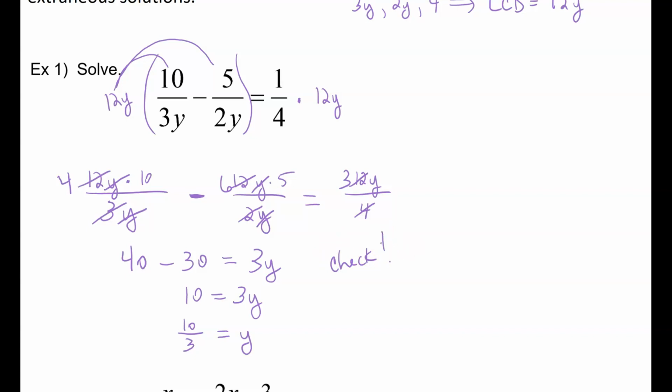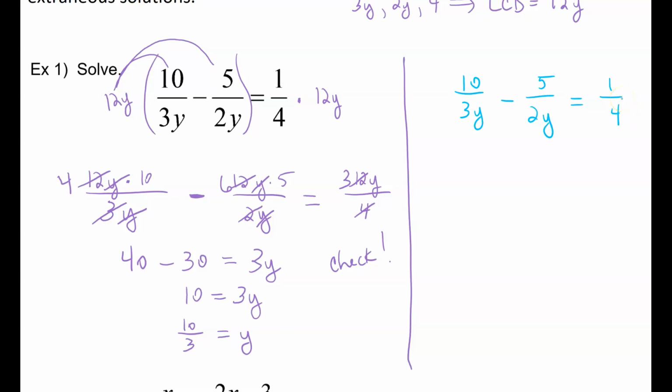Okay, so I'm also going to solve this the other way, where I'm just going to combine the left-hand side so that we have a common denominator and set that equal to 1/4. If I'm only looking at the left side, 10 over 3y minus 5 over 2y is equal to 1 over 4.